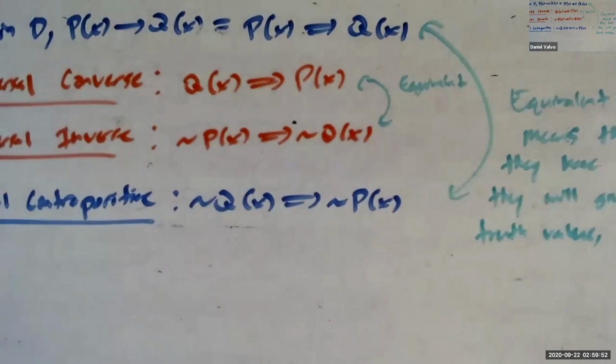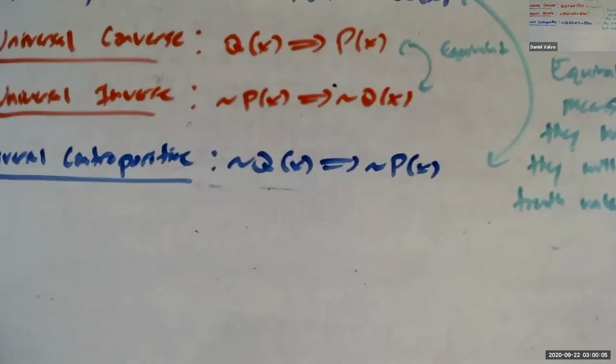So once they have the same domains, they will always have the same truth values. That's what it means to be equivalent. If you're not equivalent, that just means you have to find one example of a domain or these predicates where they don't give the same truth value. Okay, that's what I'm trying to say.